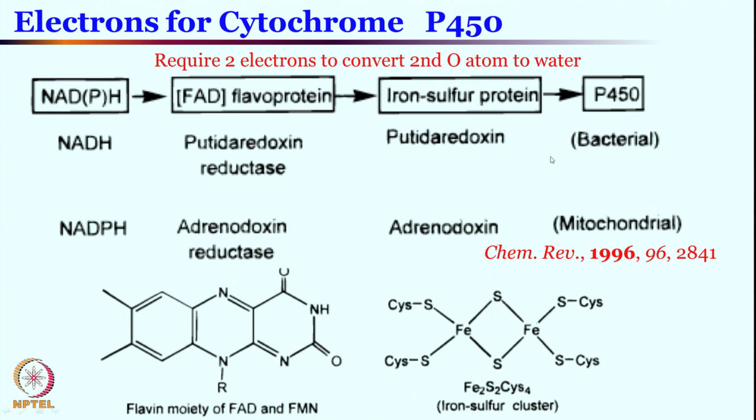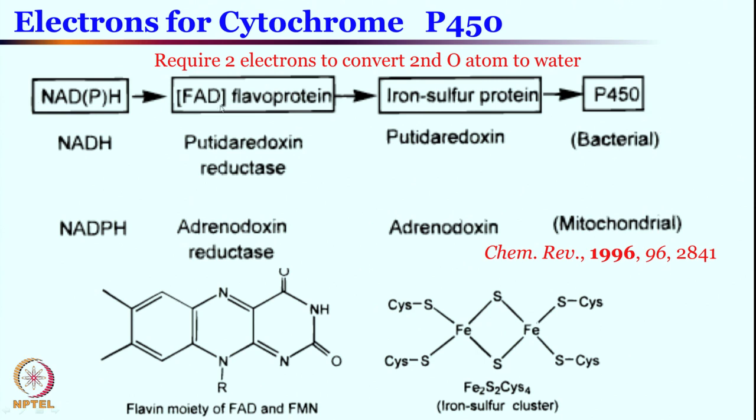In the whole process of converting oxygen into some useful compound, such as an aliphatic substrate being converted to a hydroxylated product, you still need to have a second oxygen atom reduced subsequently to form water. The 2 electrons required to reduce this terminal or second oxygen atom to a water molecule are taken care of by the relay of electrons towards the active site, as we discussed in the last class.